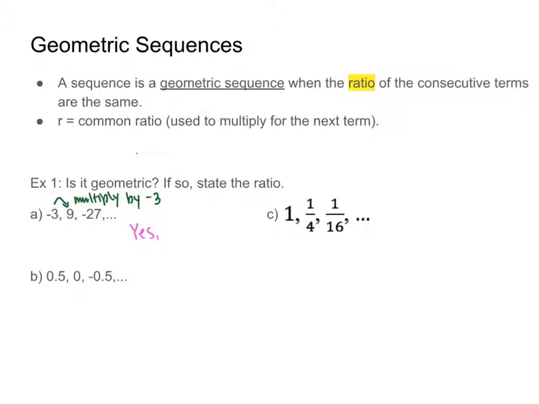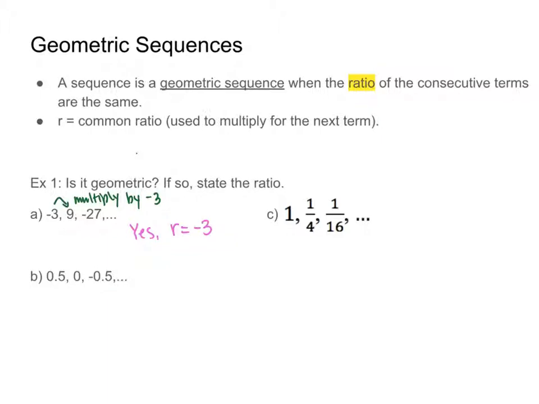And once you've figured out that it's geometric, you also have to state what we call the common ratio. If you remember in arithmetic sequences, you have this common difference that you symbolize with d, which tells you the number that you add or subtract every time. In geometric sequences, you have this common ratio that you represent by r, which tells you what number you multiply by every time. So in this case, r is equal to -3, because that's the number we're multiplying by every time.